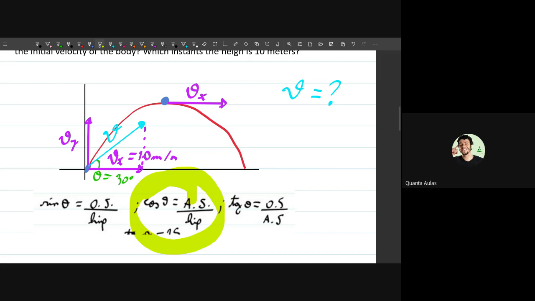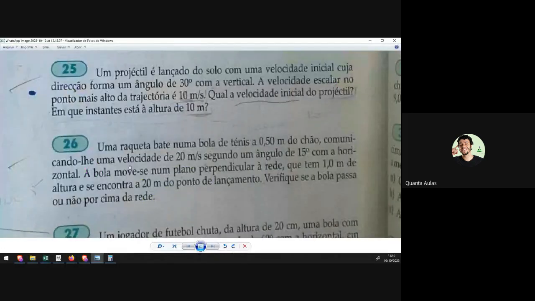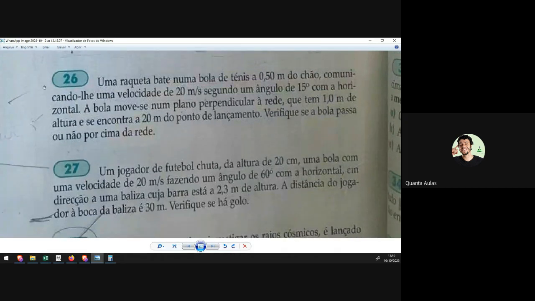There are a lot of materials, a lot of books on the internet, so it's easy to obtain one. You can try the problems, okay? For the next class, I need you to try at least number 26, okay?